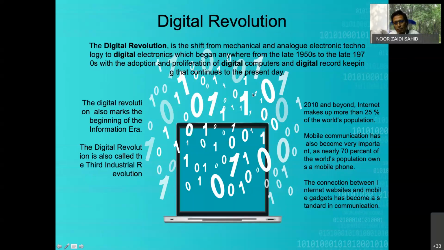Just to highlight here, digital revolution, they play very important roles in shifting the digital humanities concept. Our digital humanities. Pernah dengar tak term ini, digital humanities? Siapa pernah dengar term ini, digital humanities? Zuhairi? Mana Zuhairi?